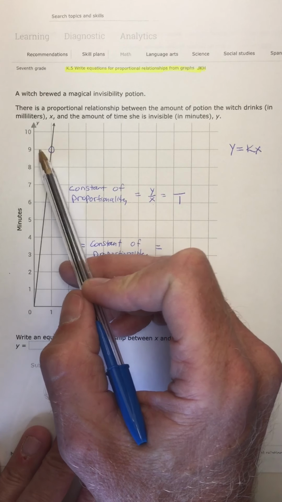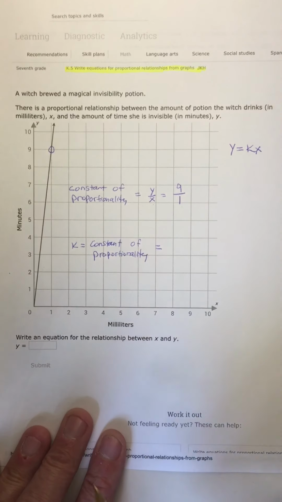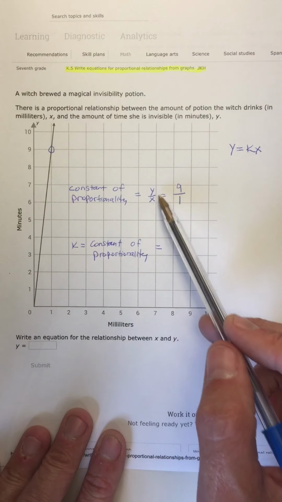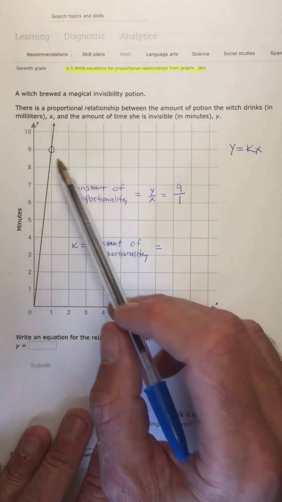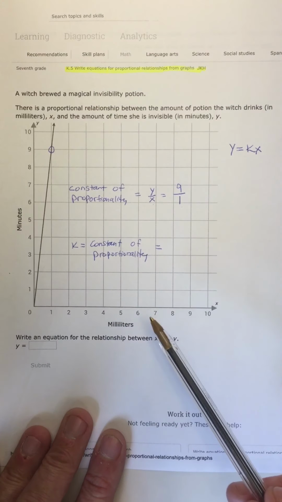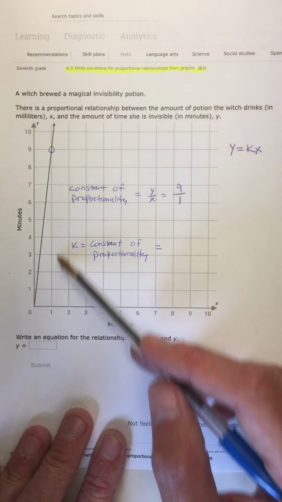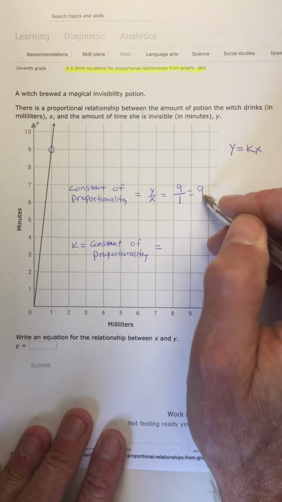And if I go across, I will find the y-coordinate, which in this case is 9. So the constant of proportionality is expressed as y over x. The y-coordinate is 9, so I write 9 as the numerator. The x-coordinate is 1, so I write 1 as the denominator, and then I can simplify: 9 over 1 is 9.